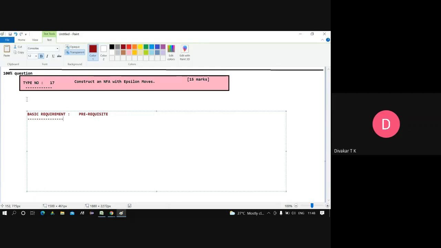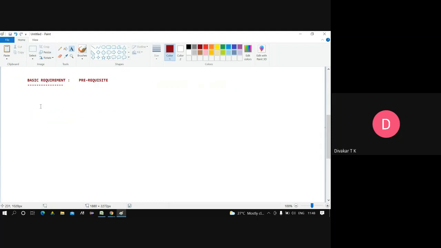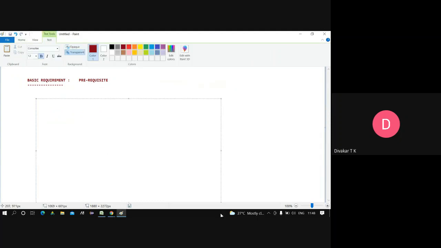Whenever we talk about this unit, you're supposed to understand plus, dot, and also the star symbol. We are playing with those operators.